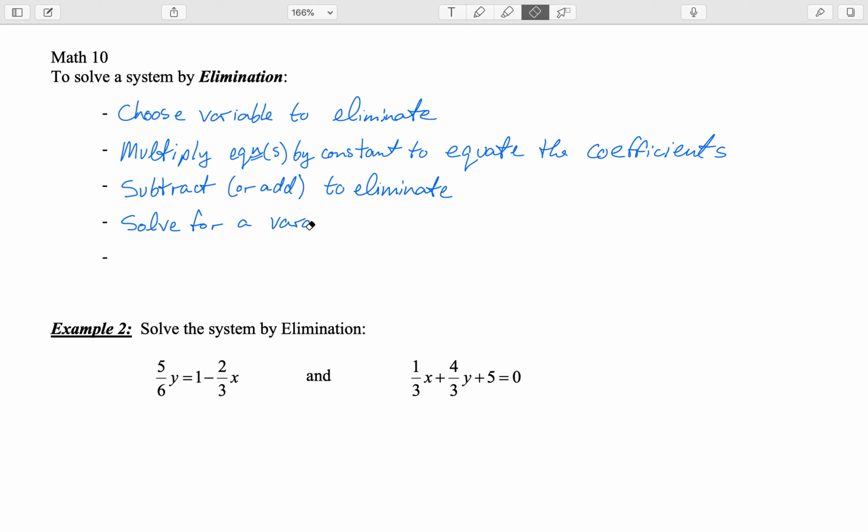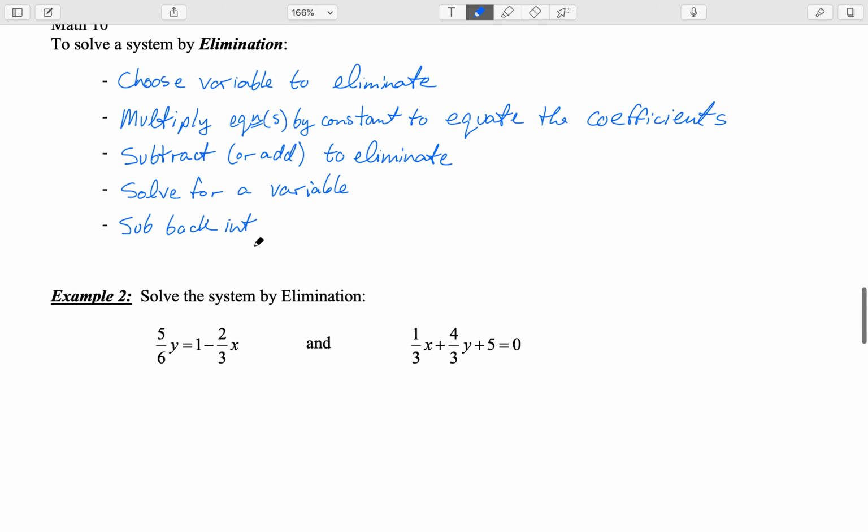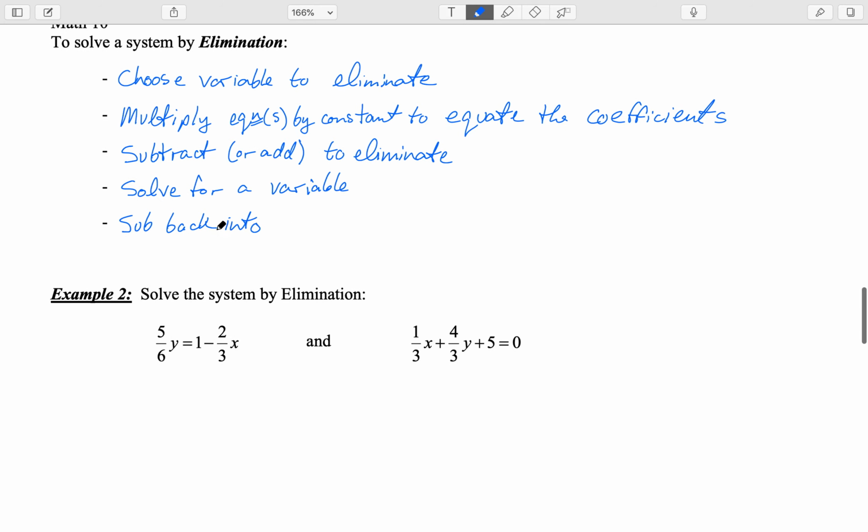Variable, I need to be able to spell. Variable. And once you solve for one, instead of going through this whole process again, just sub it back in to figure the other. Sub back into the easiest equation. Look for the easiest one. Back into the equation for the other variable.